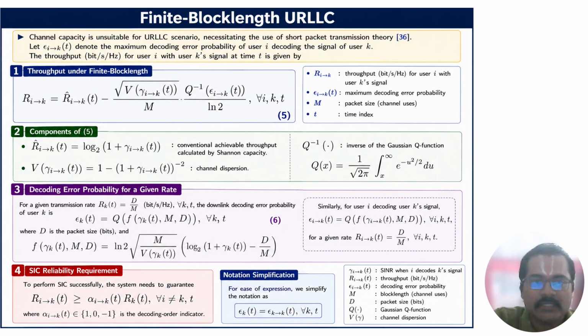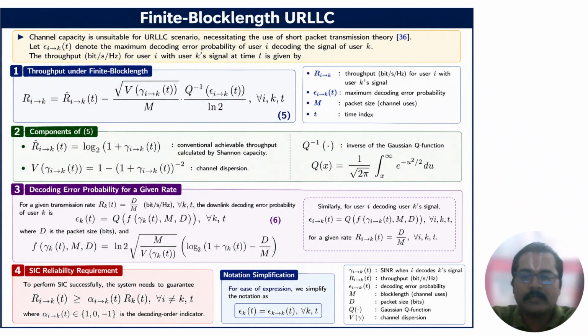With the Q function, for a given transmission rate in bits per second per hertz, the downlink decoding error probability of user k is equal to this formula.